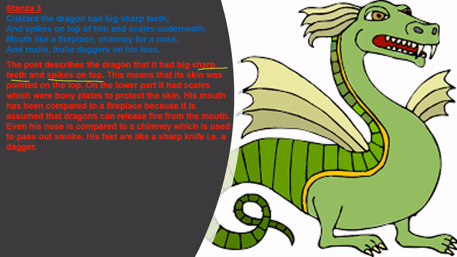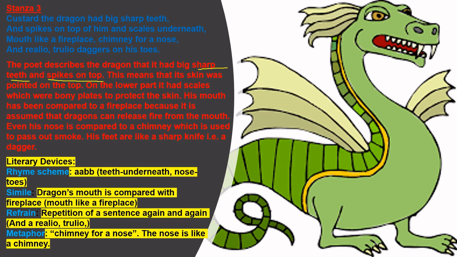This means that its skin was pointed on the top, and on the lower part it had scales, which were bony plates to protect the skin. His mouth has been compared to a fireplace because it is assumed that a dragon can release fire from the mouth. Even his nose is compared to a chimney, which is used to pass out smoke. His feet are like sharp knives, that is, daggers.